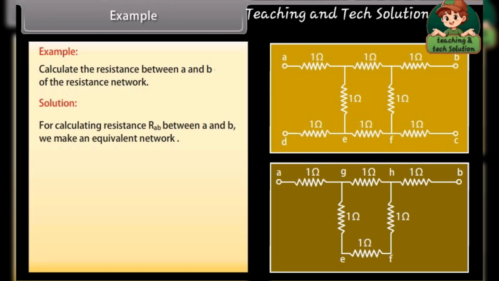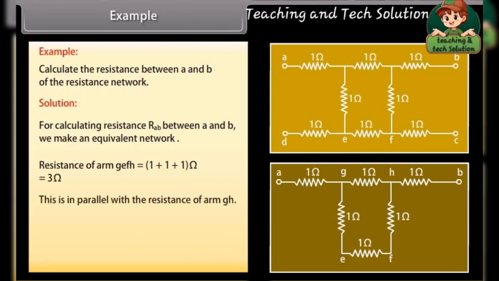Now we calculate the resistance of arm GEFH, which is equal to (1 + 1 + 1) = 3 ohm. This is in parallel with the resistance of arm GH.